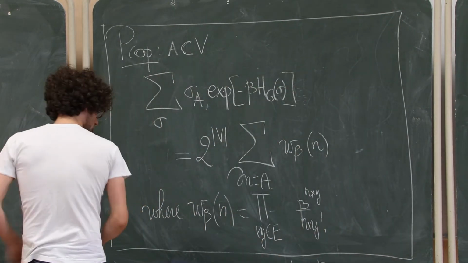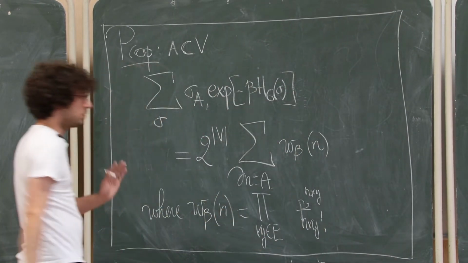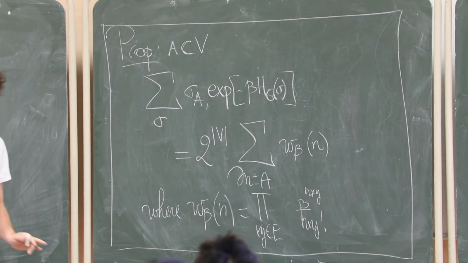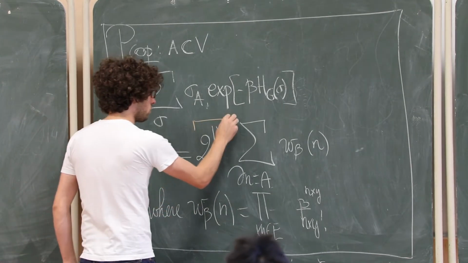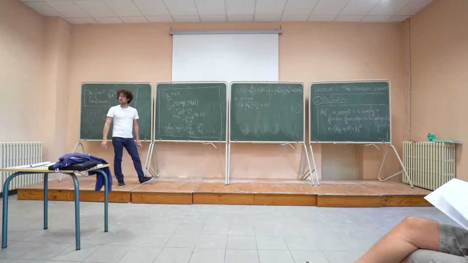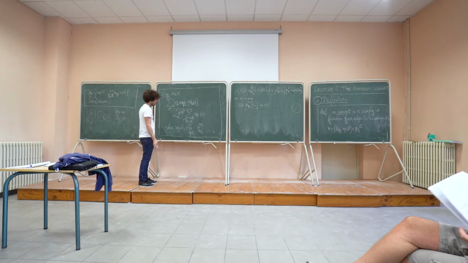So here, notice the similarity with the high temperature expansion. There is a prefactor. It's not quite the same as before. It's just 2 to the number of vertices. Before we had 2 to the number of vertices, cosh to the number of edges. Here it's a slightly simpler one.